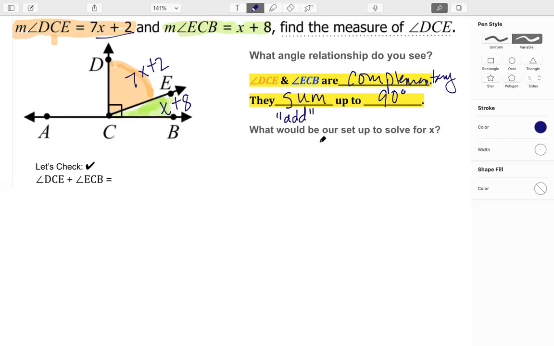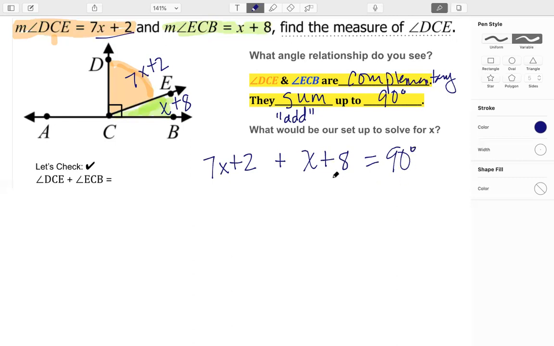Since we know that sum means to add, we're going to take these two, add them up, and set them equal to 90 degrees. So here's the first one, 7x plus 2 is the first expression, plus, the sum, 8 plus x equals 90.